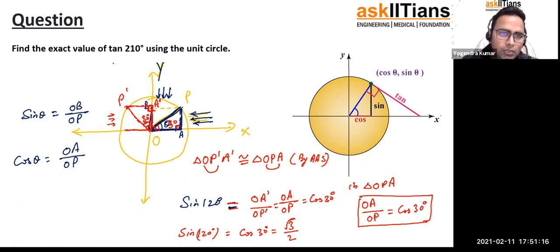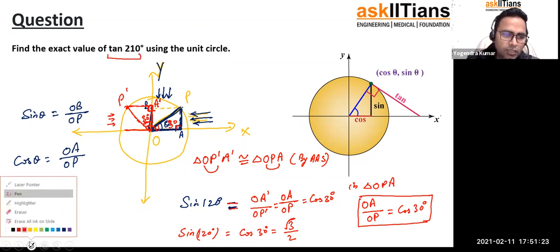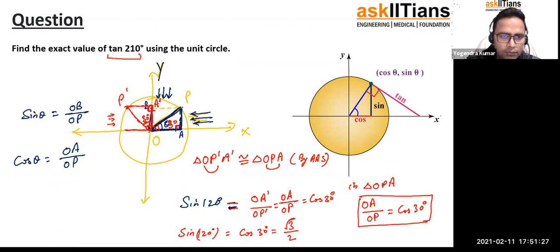Now, suppose you want to see tan of 210 degree, right? Let's come to that now. Let's do that. So 210, if I take it, it is going to be like this, right? It is going to be this value here, 30 degree. Now, if you compare this triangle with this blue triangle, they are congruent again, right?